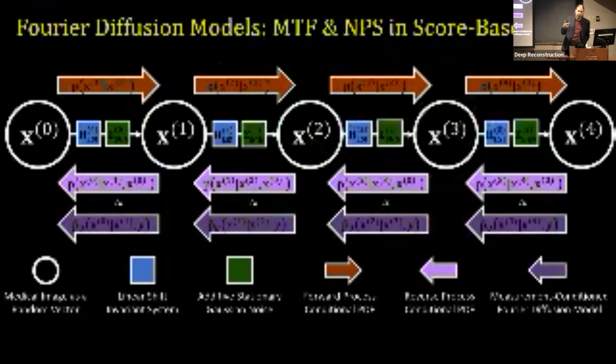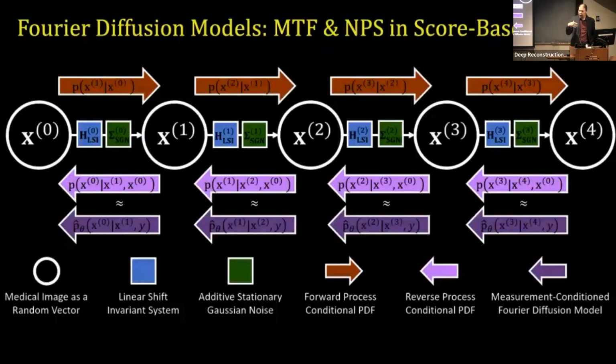So the generalization that I'd like to look at is, can we change this so that we have an image quality model that reflects our imaging system? So instead of having a simple fading term, what if the incremental thing that's happening to my image in terms of degradation is some amount of blur? In fact, let's keep it simple. It's just a little incremental shift invariant blur. And moreover, let's have additive noise in there, but maybe it's not white additive noise.